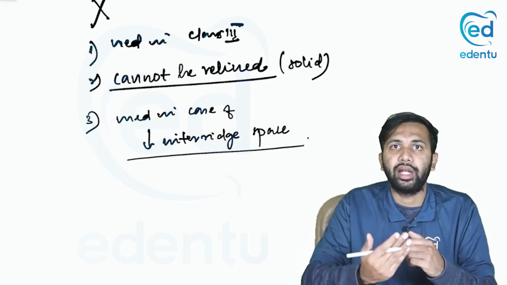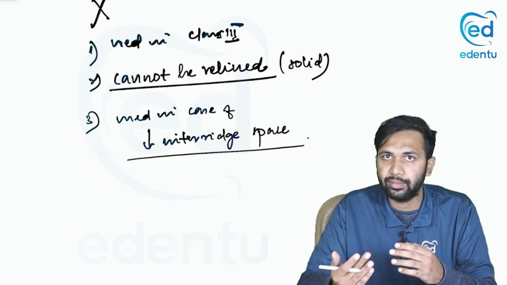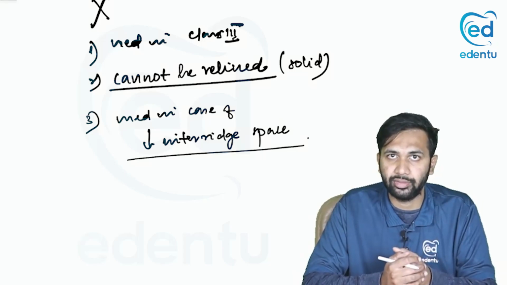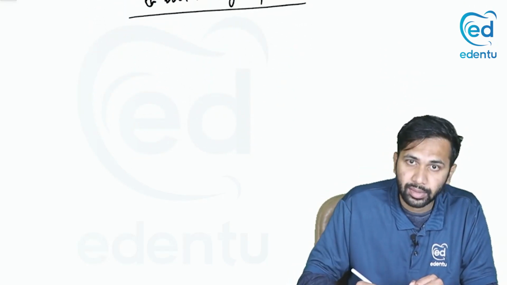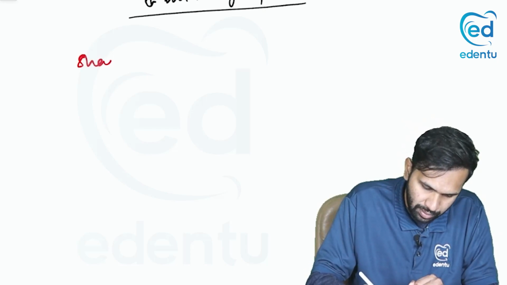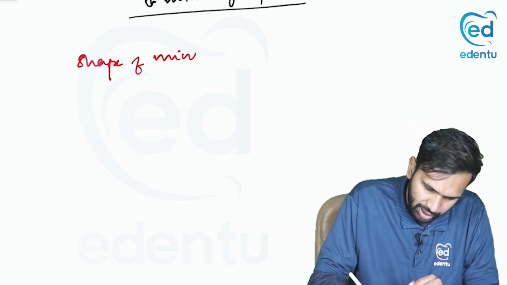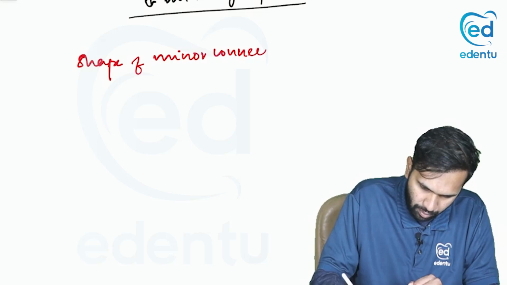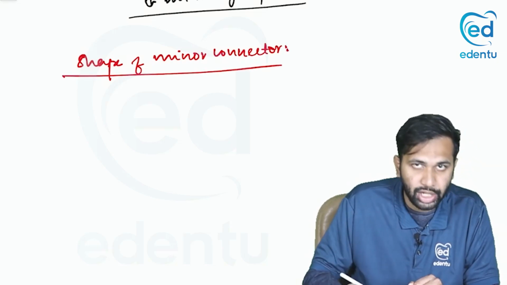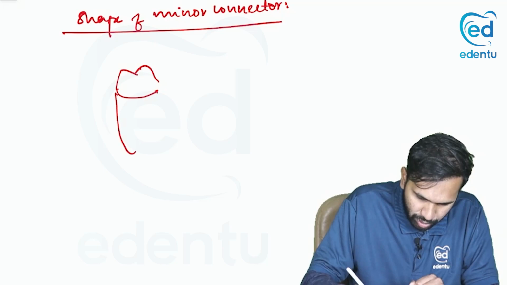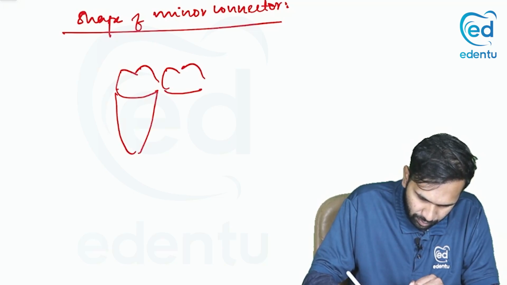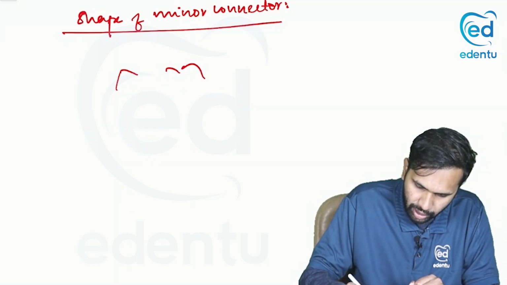All the other types of minor connector, we'll be discussing as and when we study the different parts of the RPD. Right. Now, one question has come from this minor connector: the shape of the minor connector should be dash. Just imagine this is your abutment tooth like this. I'll just draw only the crown.